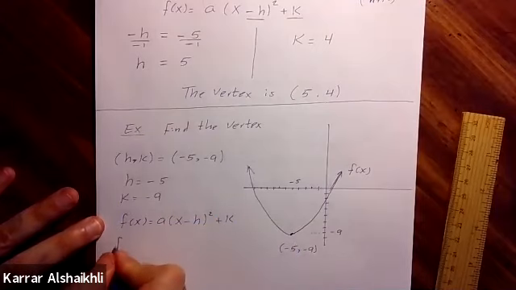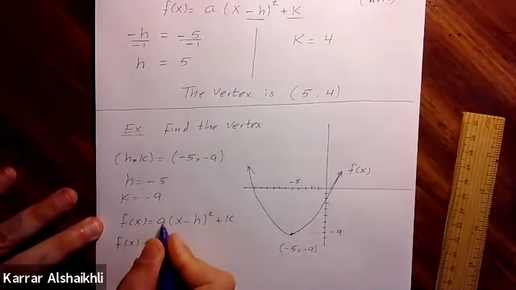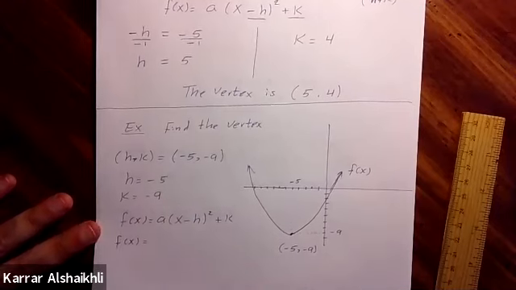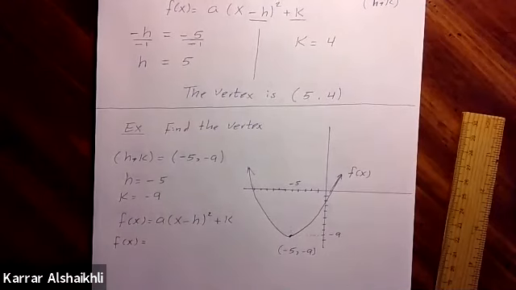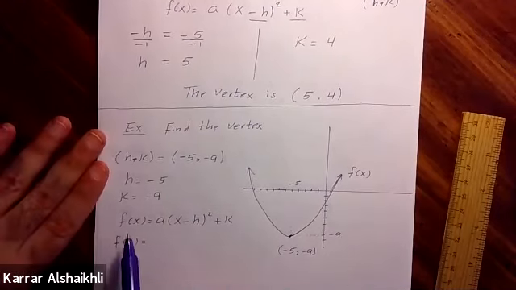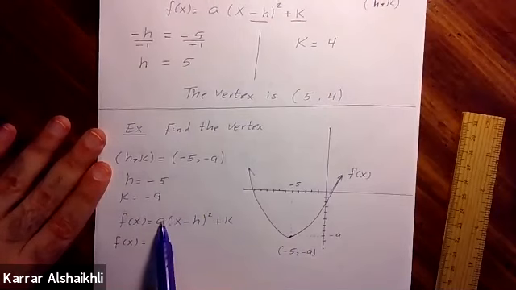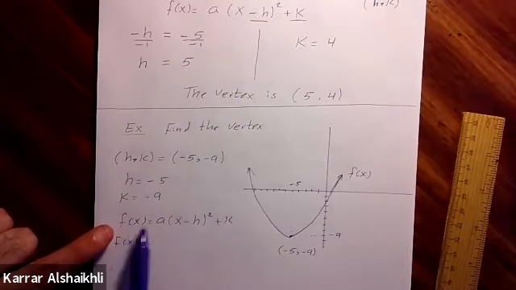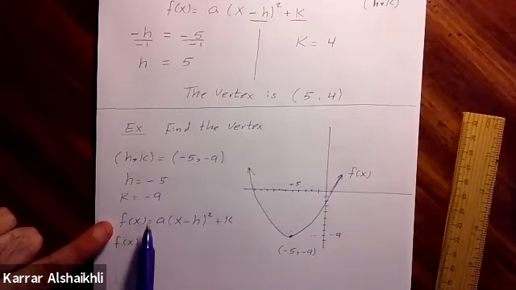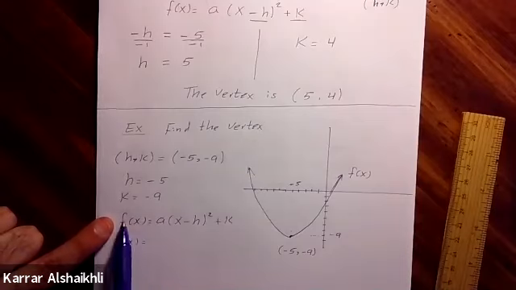So we're going to say f of x is going to be equal the a. How are we going to find the a? This is another thing we have to get. We have the h, we have the k, but we can't put anything for the a until we have the y coordinate here. We can choose any point to find how much the a is going to be.